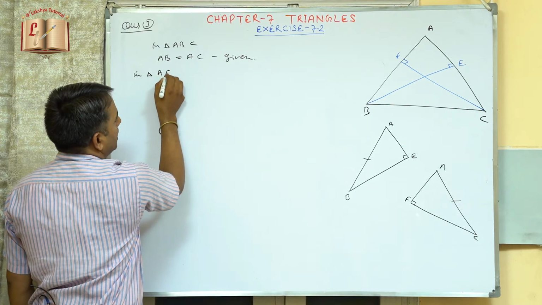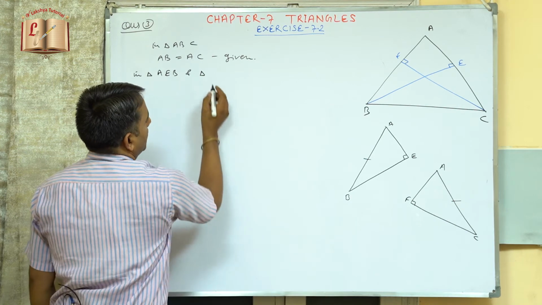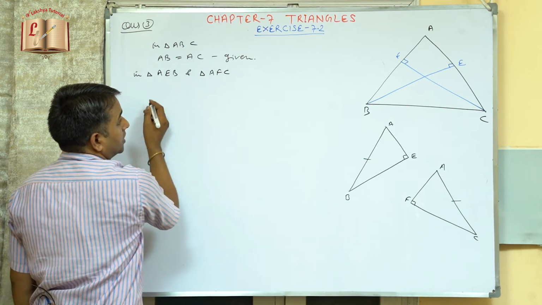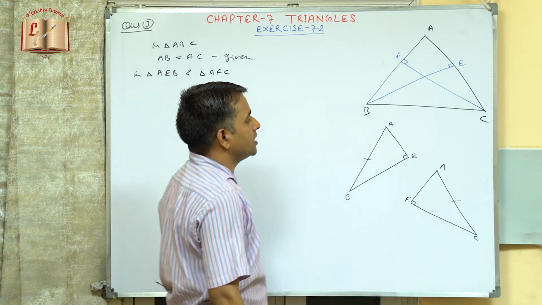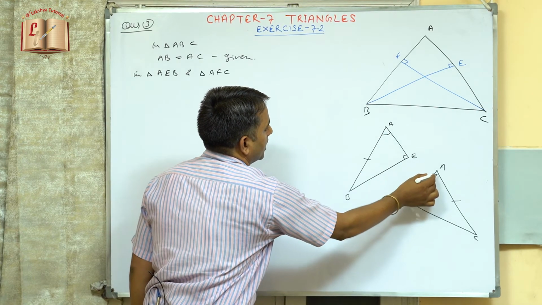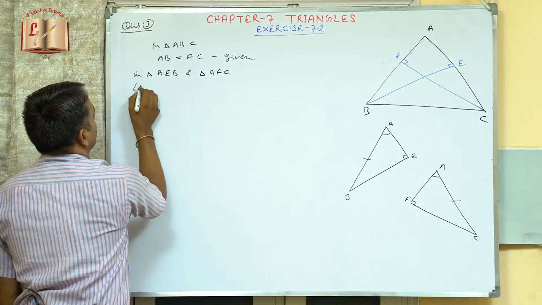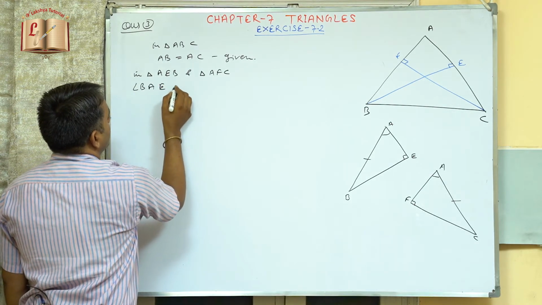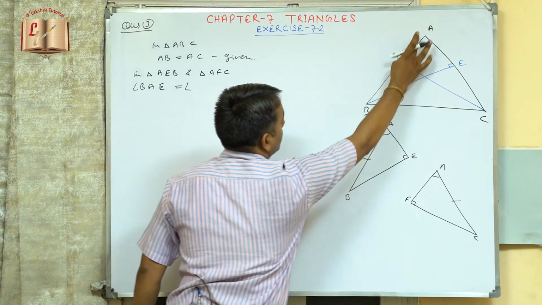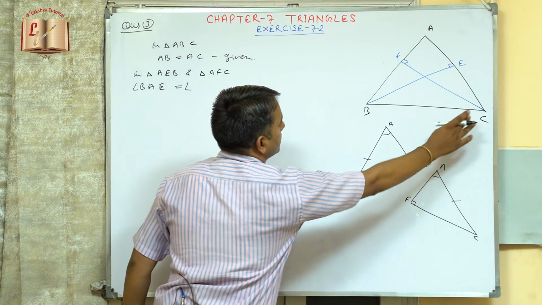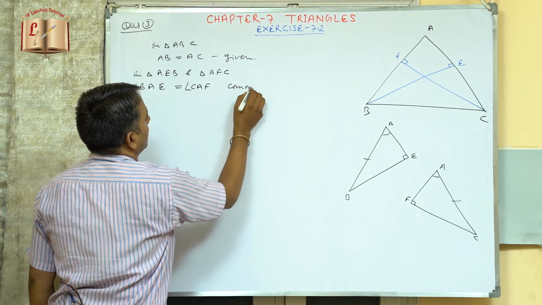In triangle AEB and triangle AFC, in these two triangles, see that angle A is common. Angle BAE is equal to angle CAF, this is common.